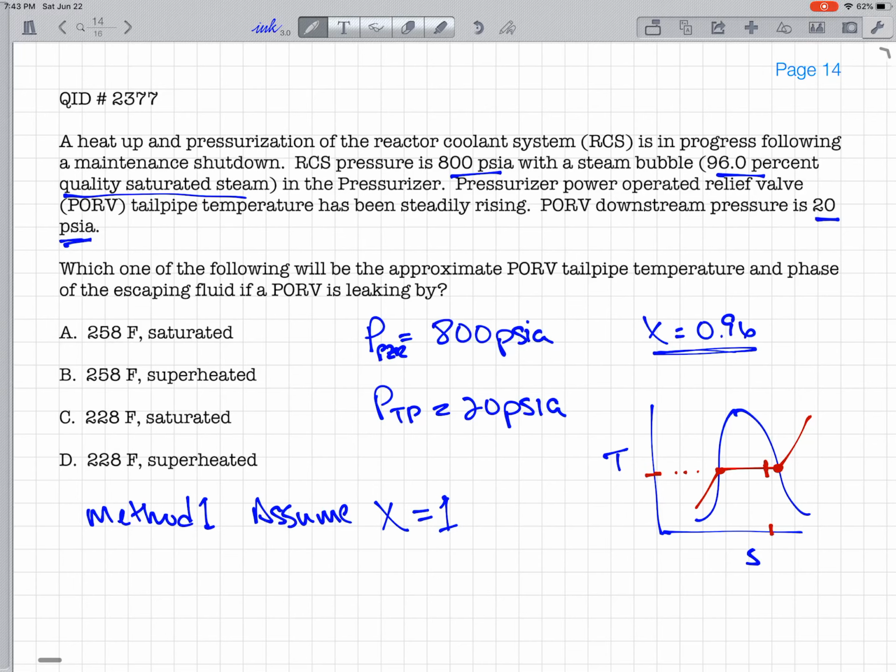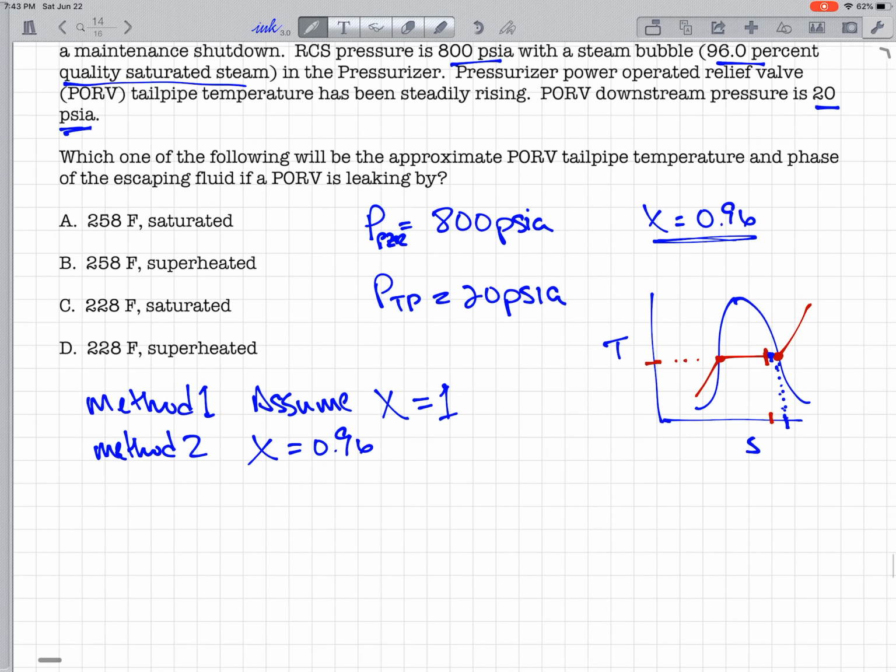So we're going to assume that the quality is going to be right out here, and say, you know what, that's just margin of error right there. No big deal. And then we'll do method 2, and quality will equal 0.96. Okay, and I'll change color so everybody can see.